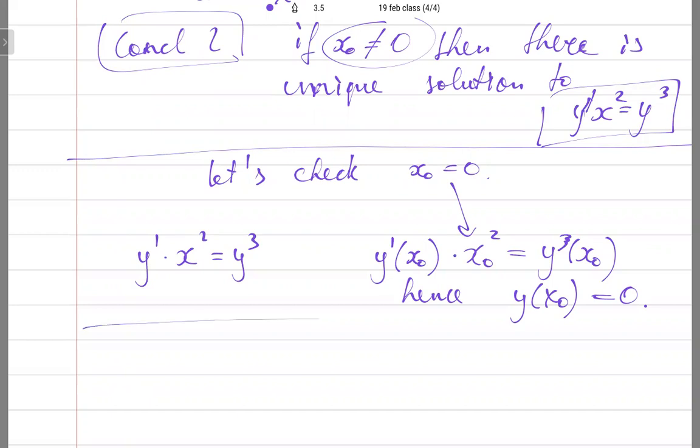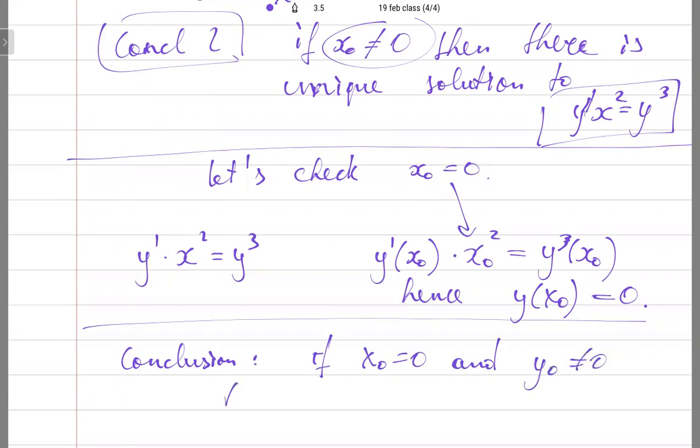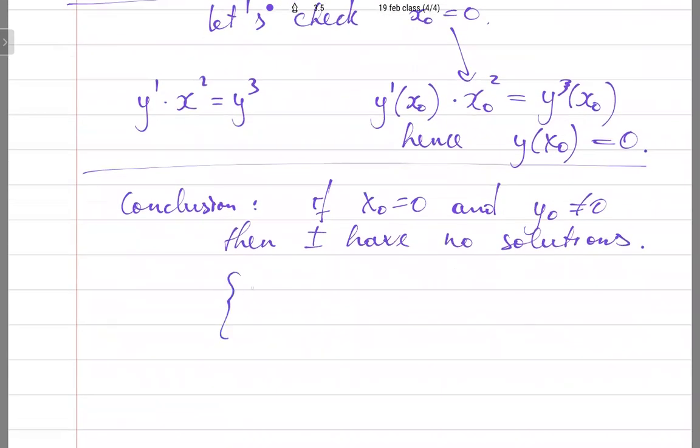So I have another conclusion. If x0 is 0 and y0 is not 0, then I have no solutions, because if I have a system like that, we have a contradiction.